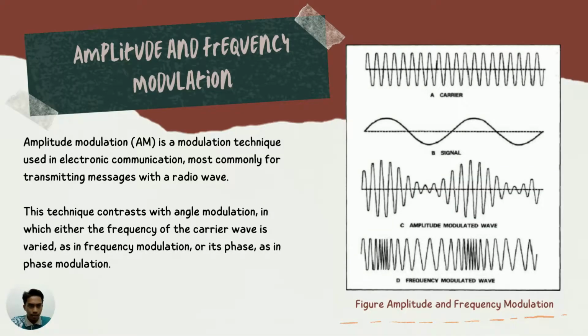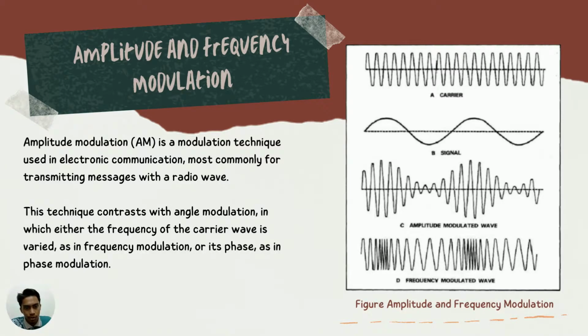So we go to the next, amplitude and frequency modulation. On the right side, we can see the figure of amplitude modulation and frequency modulation. We can see the difference in each carrier signal: the amplitude modulated wave and the frequency modulated wave.